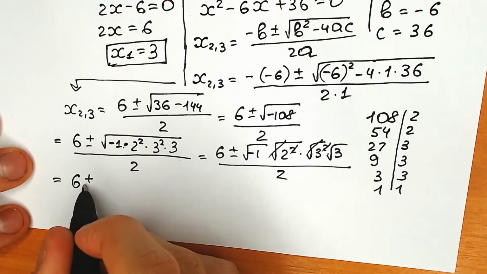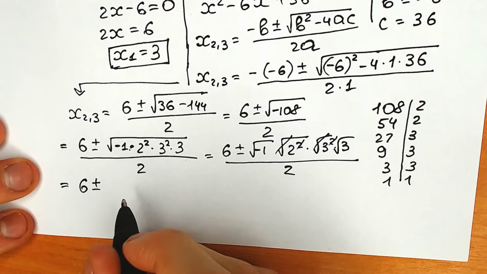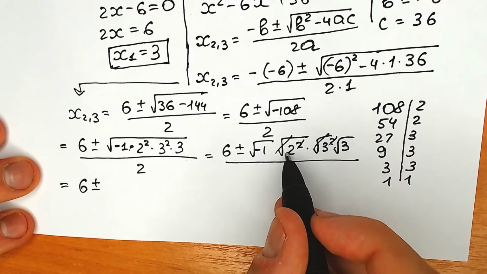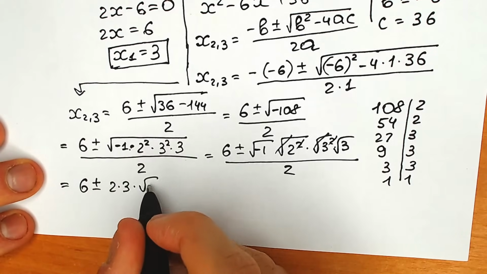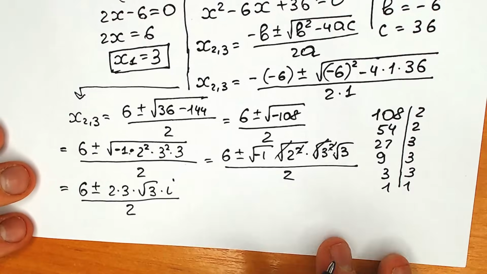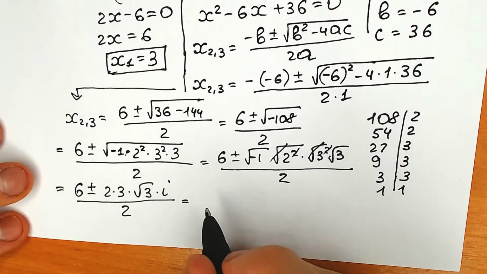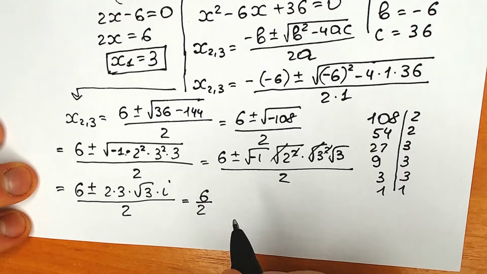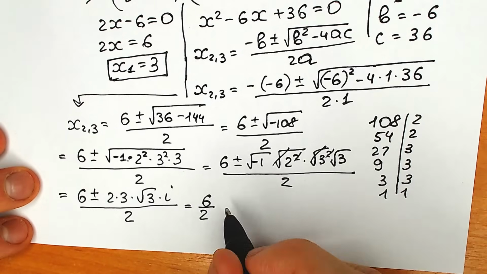6 plus minus. Right here we have square root of minus 1 equal to I. Yeah, or first of all, we can write 2 times 3 and times 2 times 3 times square root of 3 and times I, and we divide all of the thing by 2. Okay, really great. And the final tricky move, let's divide numerator by 2. So we can write it as 6 divided by 2, just to split our expression in terms of real part and imaginary part.